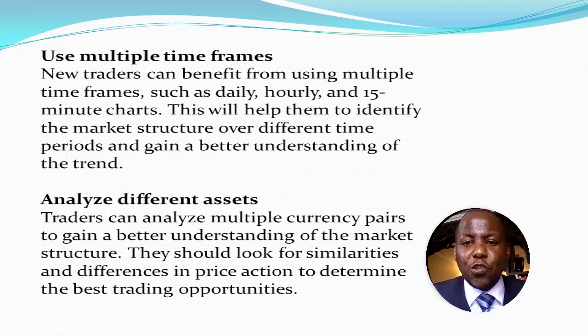All right, using multiple time frames. You notice that when we did the sample there, I was trying to show you that the market goes in more zigzags than is visible in the theory. We change the time frame, and when you change the time frame, it helps you to be more clear.